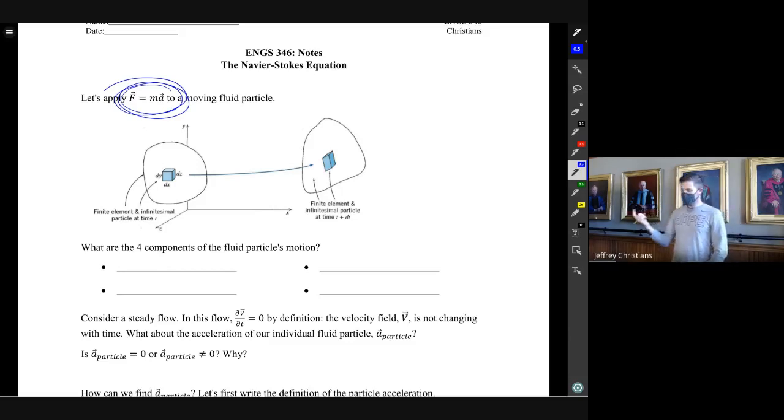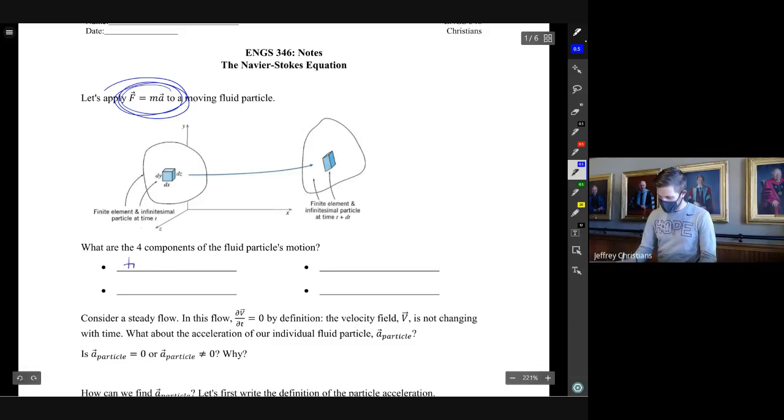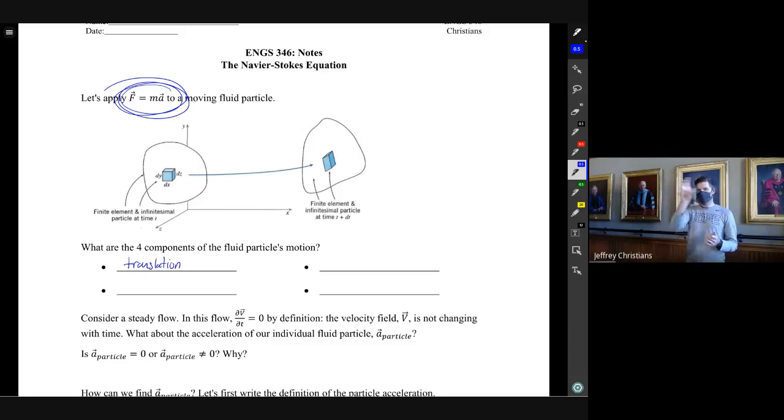So what are the four components of a fluid's motion? If you look at a fluid particle, that's what we're going to be tracking. We're going to have to change our perspective a little bit for this discussion. We are going to be the fluid particle moving in our flow.